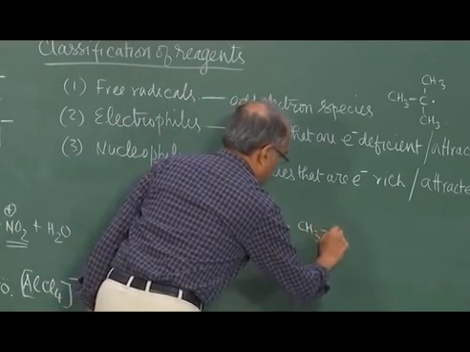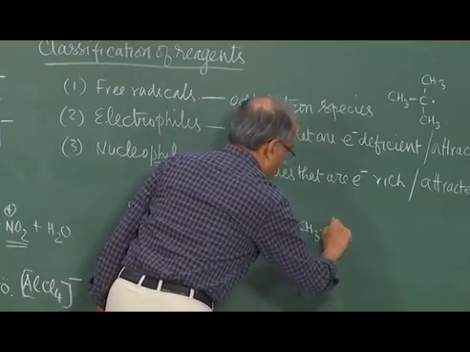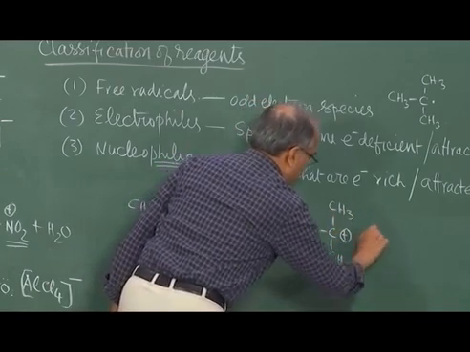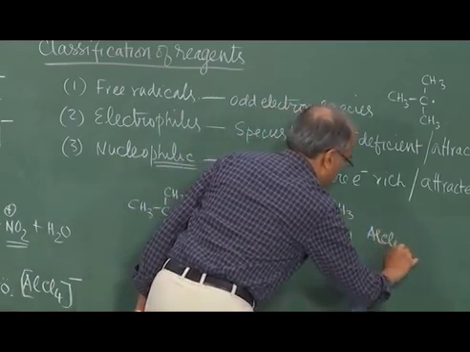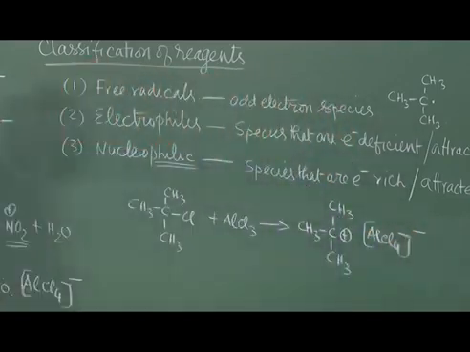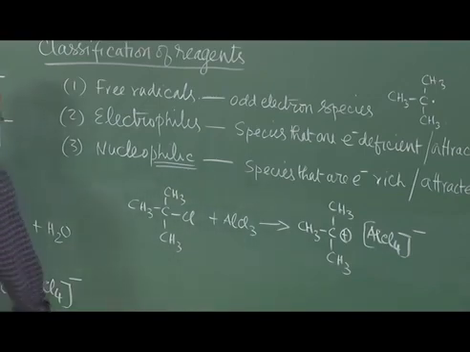So, generation of an electrophile by treatment of a halide, particularly a tertiary halide, with a Lewis acid like aluminum chloride will generate the electrophilic reagent, which is the tertiary butyl cation.